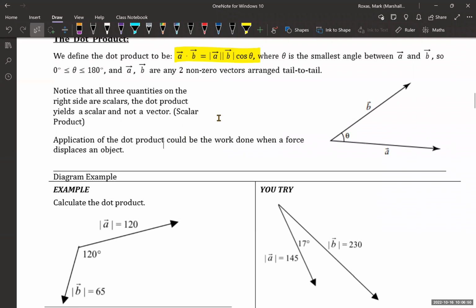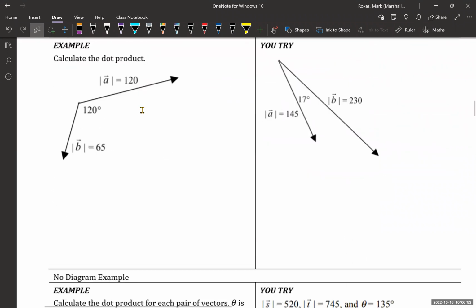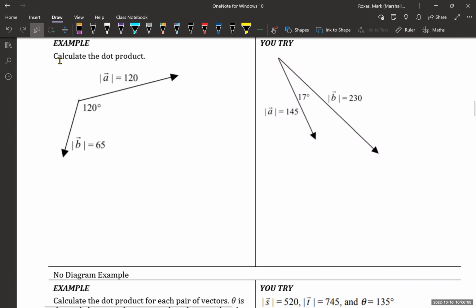Let's look at an example of how to use this formula to calculate the dot product. We're going to calculate the dot product between these two vectors. I have a vector A and its magnitude is given, and a vector B and its magnitude is given, and the angle between them is 120 degrees. Applying the formula, we have vector A dot vector B equals the magnitude of A times the magnitude of B times the cosine of the angle between them, 120.